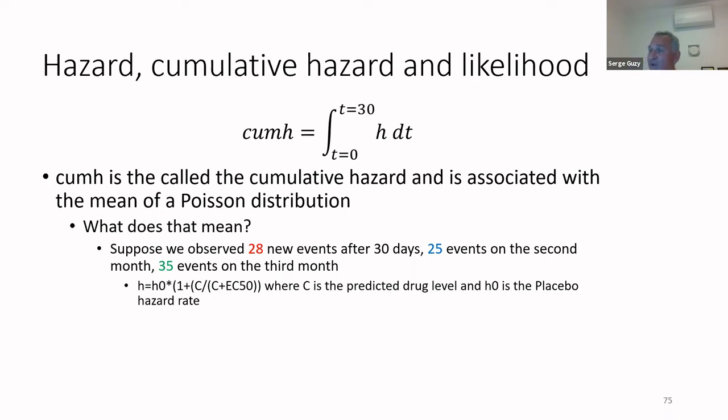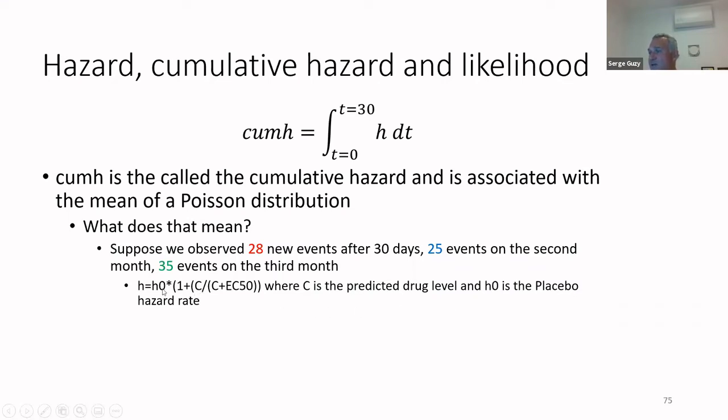For example, one of the functions that we use here for the hazard rate is H equals H0 multiplied by 1 plus C divided by C plus C50. It's just an example. And C is the predicted drug level. What you can see is that the concentration increases the hazard rate.